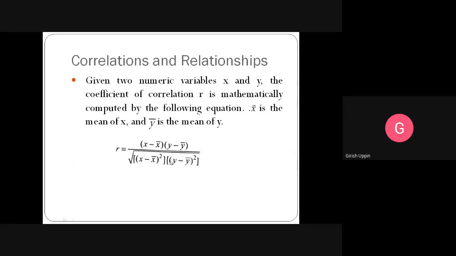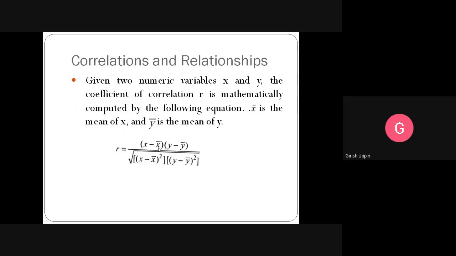A simple formula: if you have 10 elements, x1, x2, x3, and so on up to x10, what would be the x bar? X bar is equal to x1 plus x2 plus x3 plus so on plus x10, divided by 10. So if it is n elements, x1 plus x2 plus so on plus xn, divided by n, where n is the number of data elements that we have.